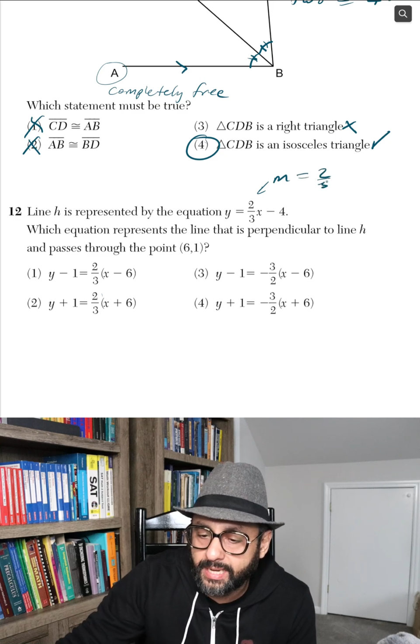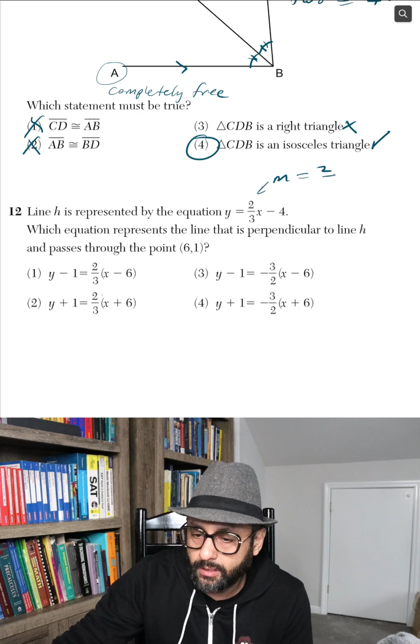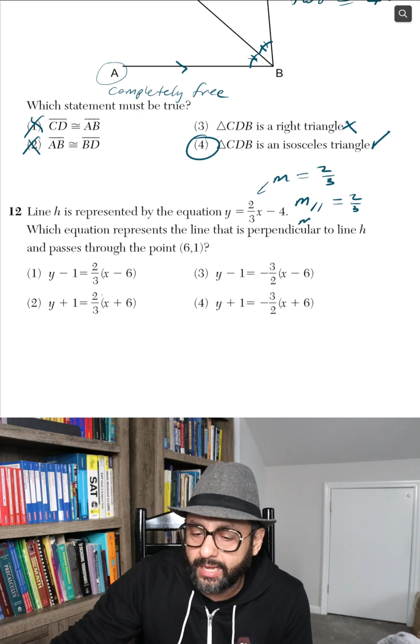The big important lesson that you need to know for this problem is that the slope of any parallel line is also going to be 2/3. And the slope of any perpendicular line is going to be the opposite reciprocal. So the opposite is the negative, and then the reciprocal 3/2.